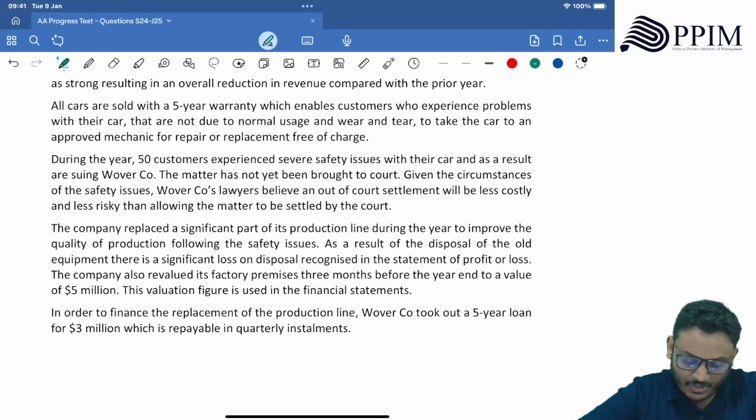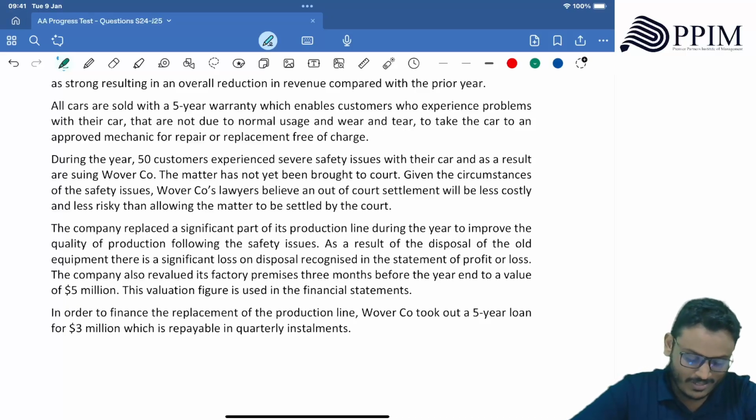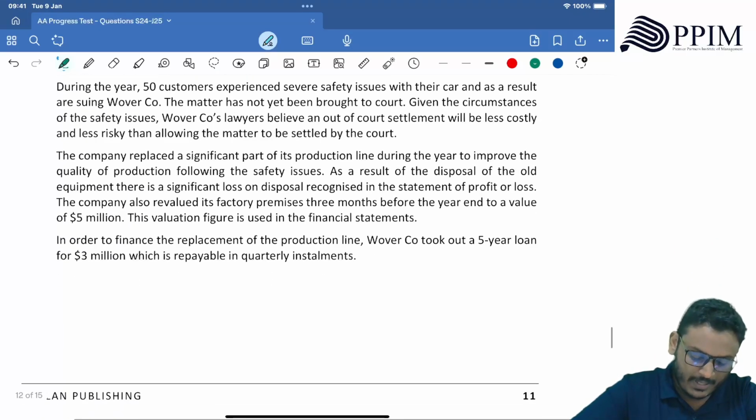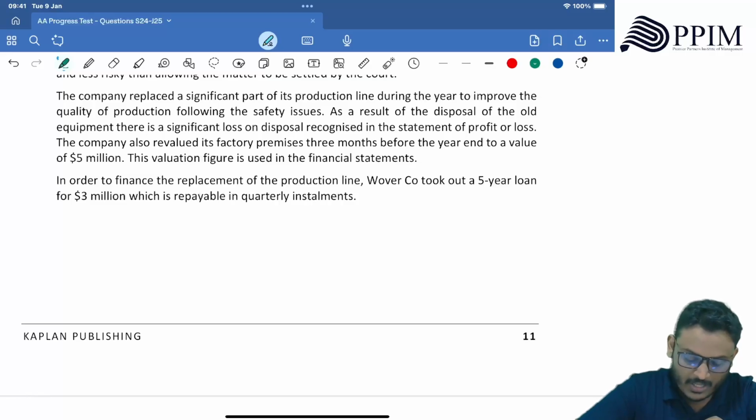The matter has not yet been brought to court, given the circumstances of the safety issues. W's lawyers believe an out-of-court settlement will be less costly and less risky than allowing the matter to be settled by the court. The company replaced a significant part of the production line during the year, improving the quality of production following the safety issues.